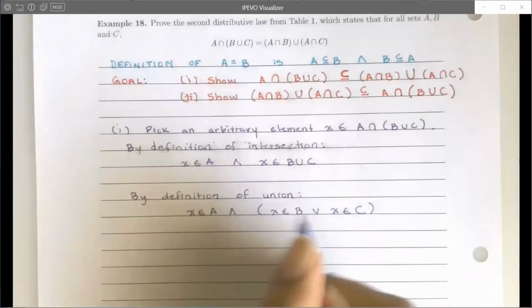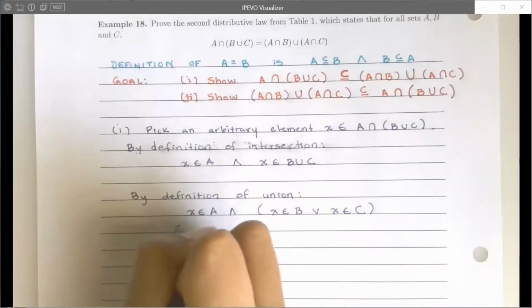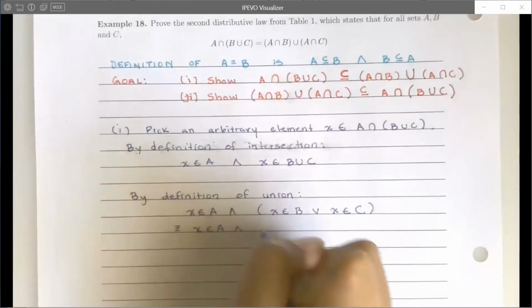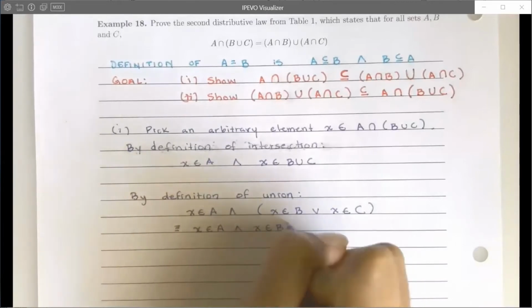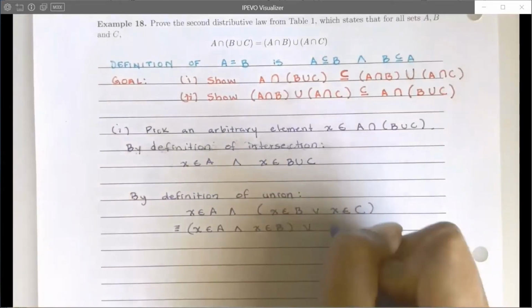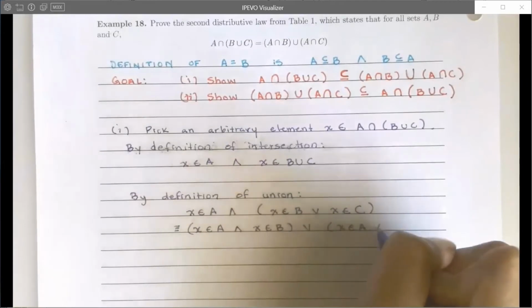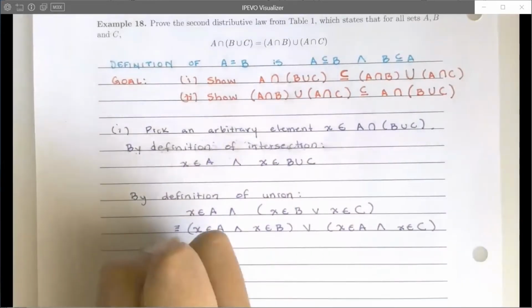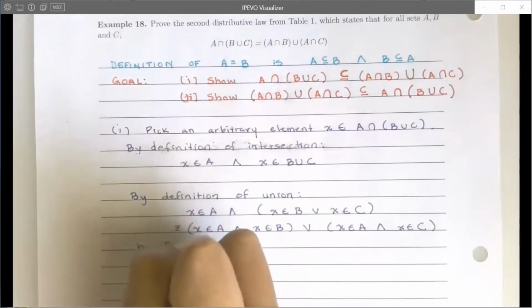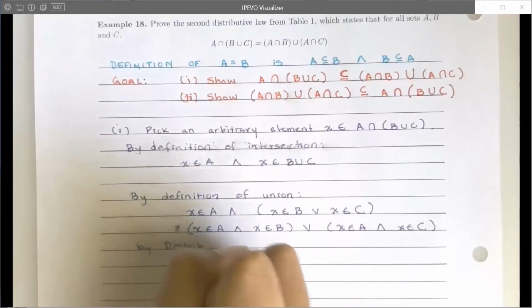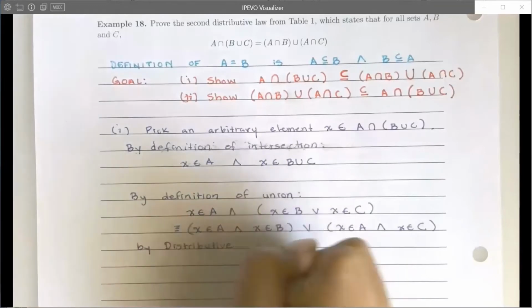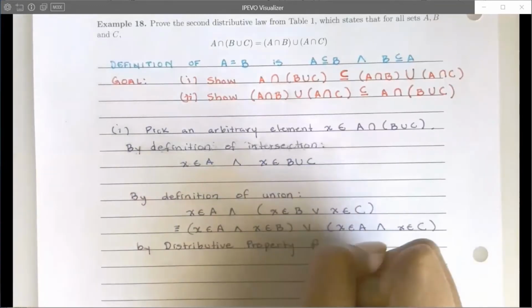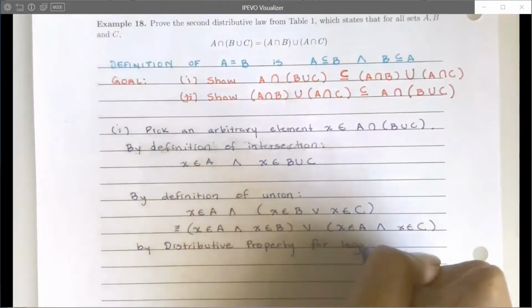And that means that we're going to say this is equivalent to having x is in A and x is in B, or x is in A and x is in C. Okay, so this is by distributive property for logical connectives.